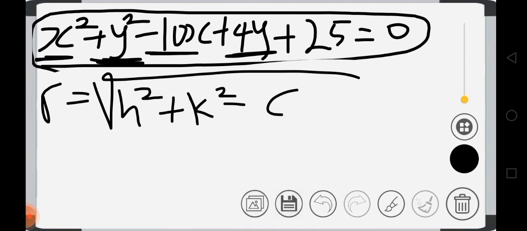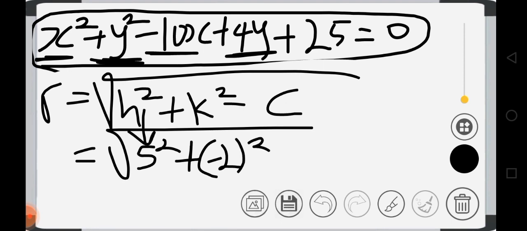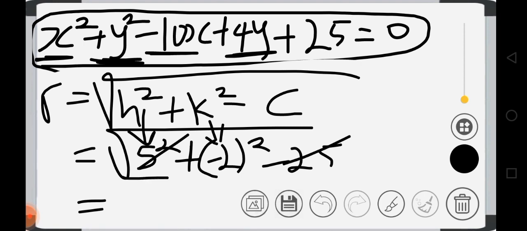So we're going to have the square root of 5 squared plus minus 2 squared minus 25. Remember, h is equal to 5, k is equal to minus 2. So what is minus 2 squared? Minus 2 squared is 2 squared as well. The minus will go.